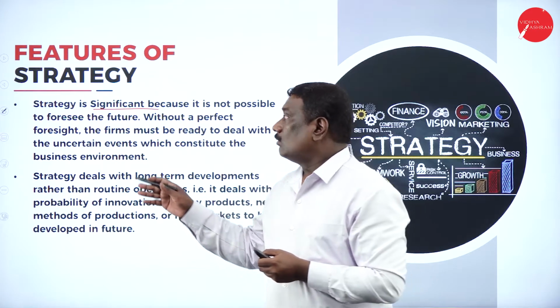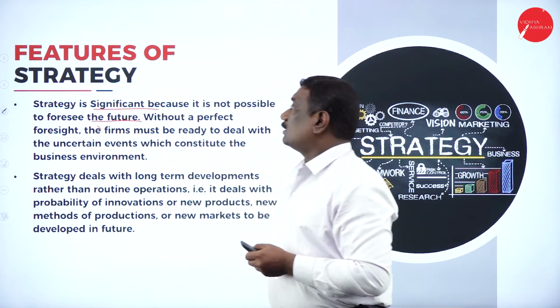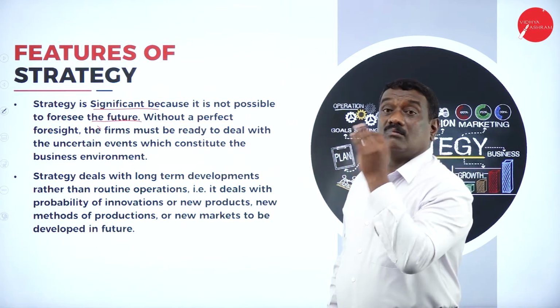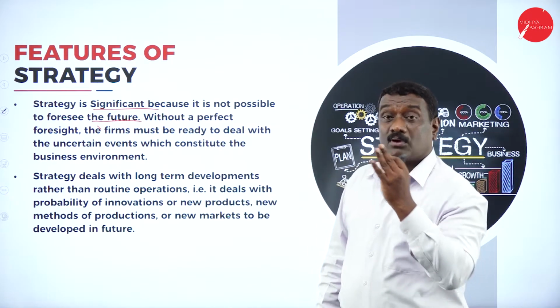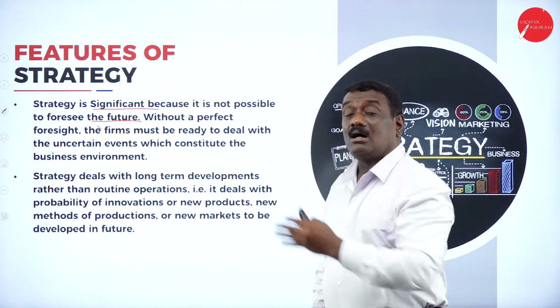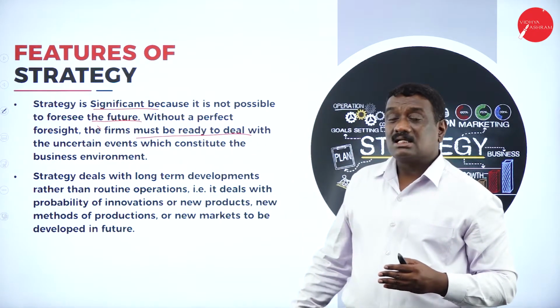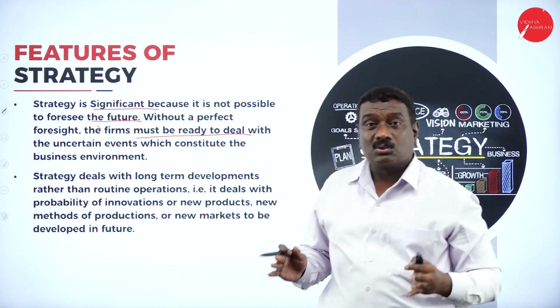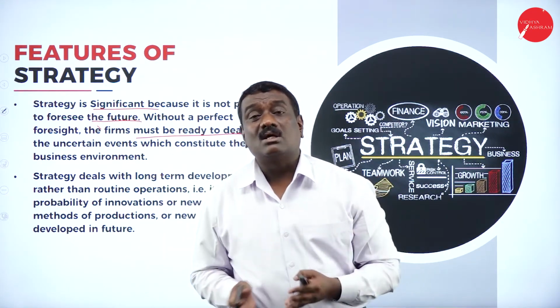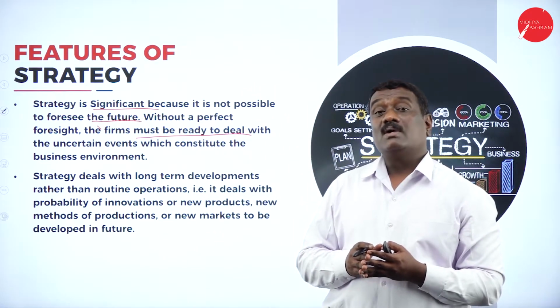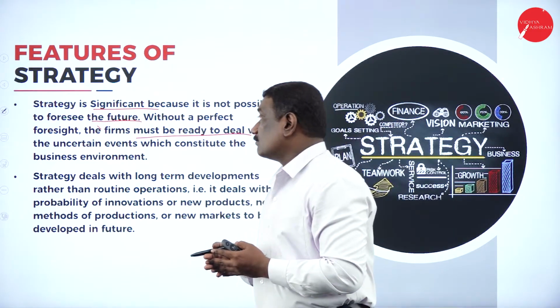You cannot predict what is going to happen in the future. So without a proper foresight, without a proper idea about the future, the firms must deal with the uncertain events which may arise in the organization, right?